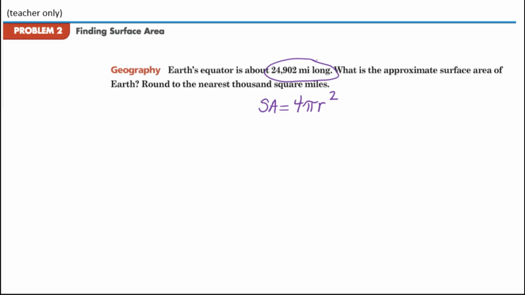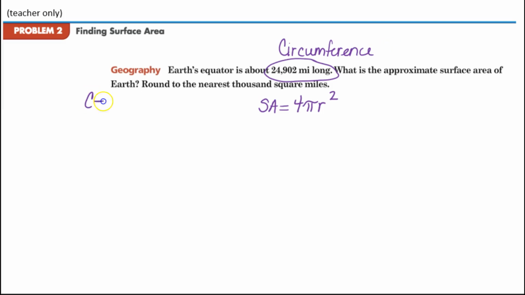The diameter is the segment that goes through the center, but that's not a measurement around the circle. What is the measurement that goes around the outside edge of the circle? Circumference. So this 24,902 is really the circumference of the Earth.